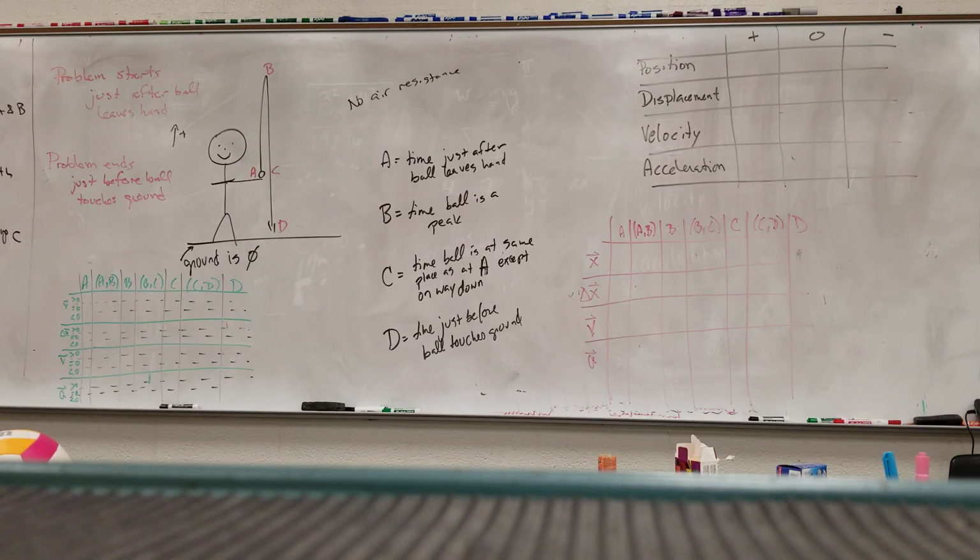Yes, which is the way you have marked here. Does it ever stop? No, because at D it hasn't touched the ground yet. It's still falling at D. You solved the problem before it is.